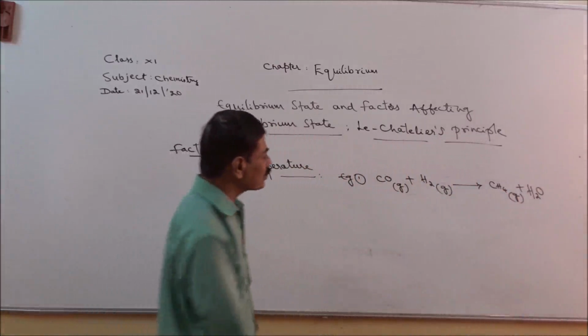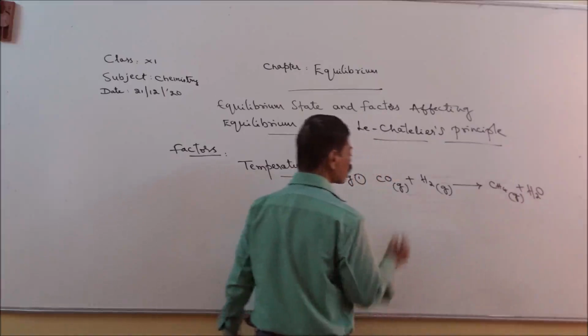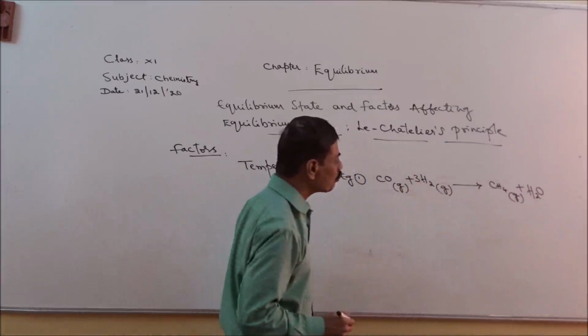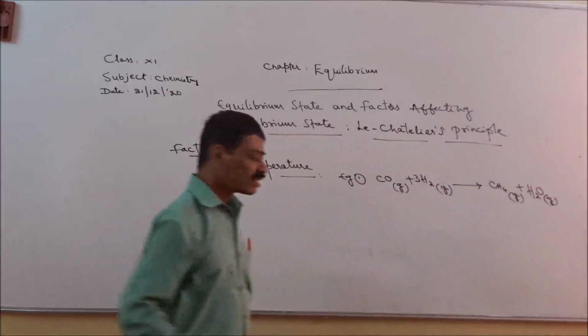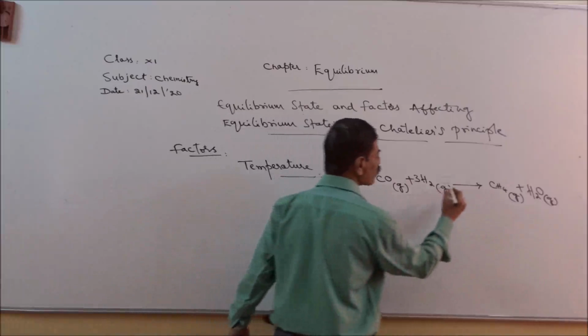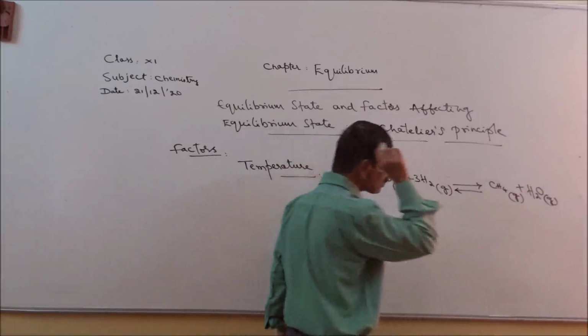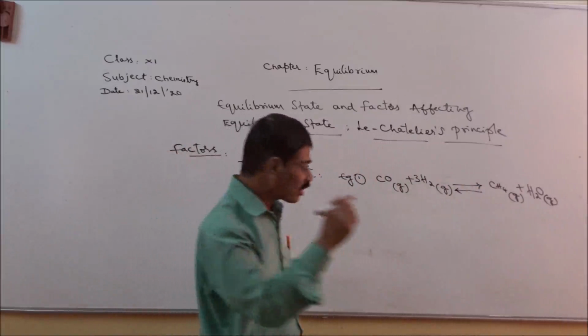This is one reaction. So here we have 6 hydrogen atoms, so 3H2. And this is a reversible reaction, and that too an exothermic reaction.